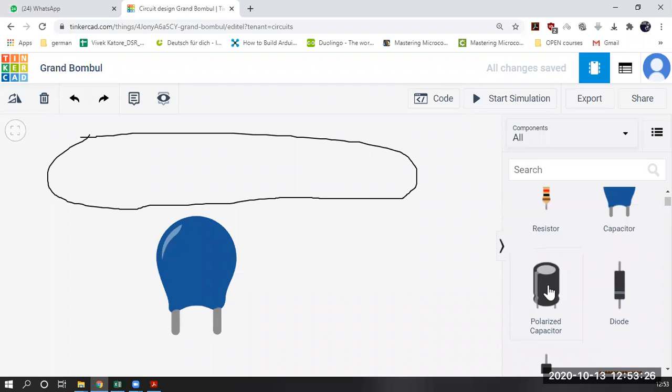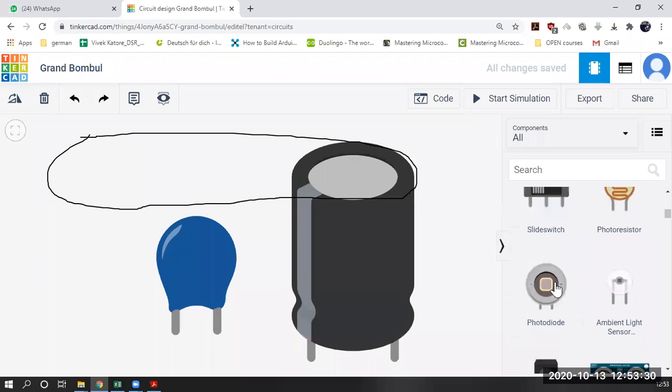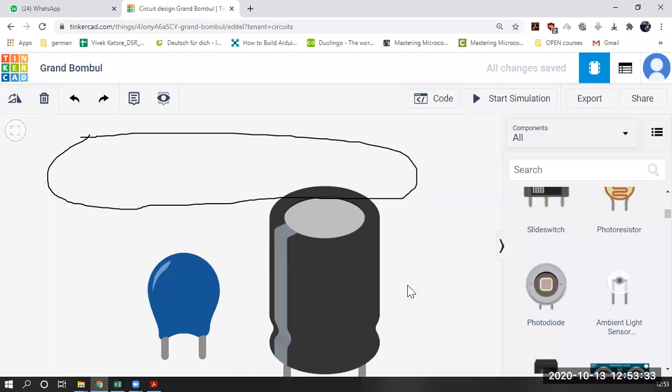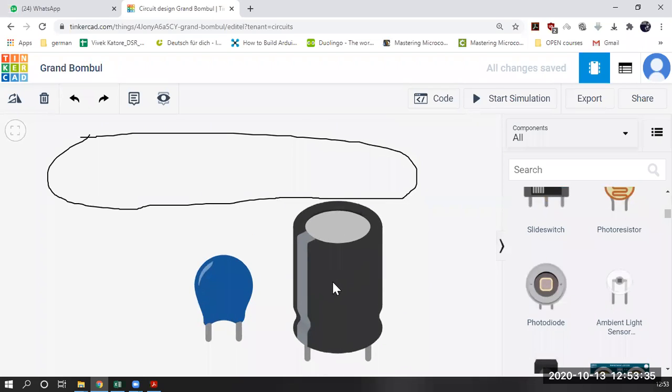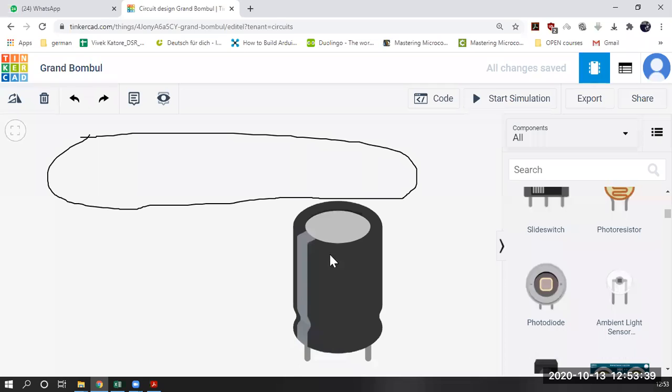अभी आपको समझ में आया होगा. Then what is the name of this capacitor? This one. इसको तो delete कर देते हैं. What is the name of this one? Okay, can you tell me another name? Okay, it is called a polarized capacitor.